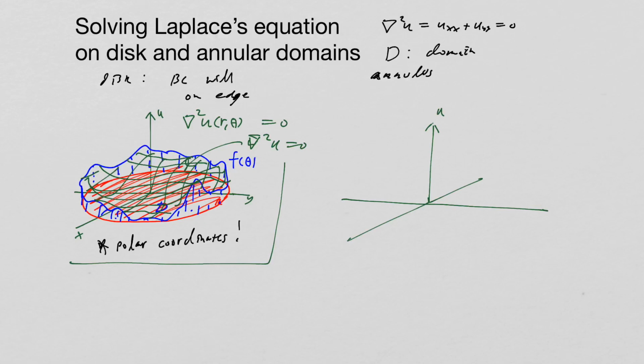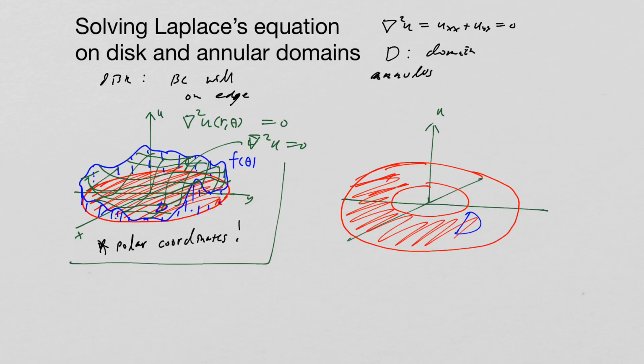In this particular case, you're going to be looking at a deleted center. So here your D is going to be this annulus, so basically the set of points between two concentric circles.